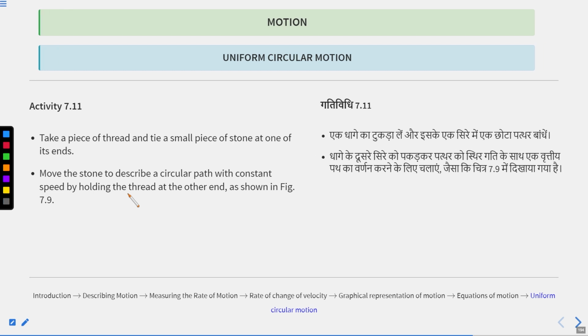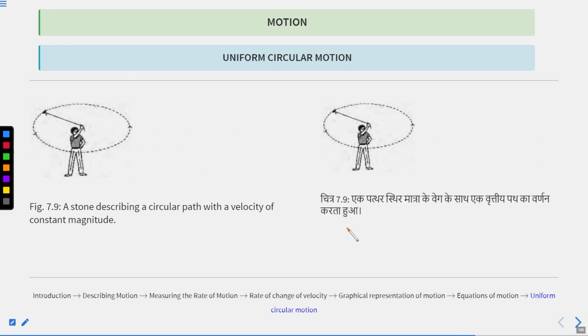Now let's do one activity. Take a piece of thread and tie a small stone at one end, and move the stone in a circular path. It means you have to take a long thread, tie a stone at one end of the thread, and start moving it in a circular shape while holding the other end, like this.